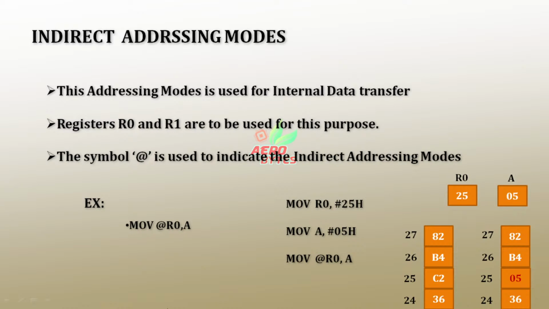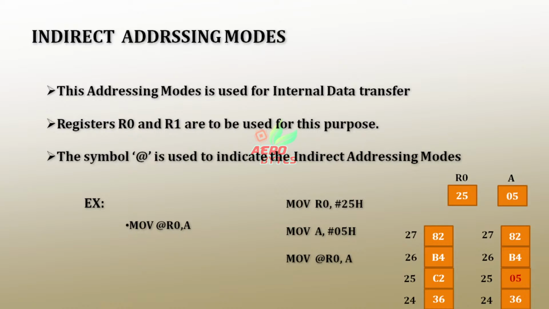The value of the accumulator is transferred to the location defined by R0. Here R0 is 25, so 25 is taken as an address. Go to that address and store the value. That is, 05 is transferred to address 25H.